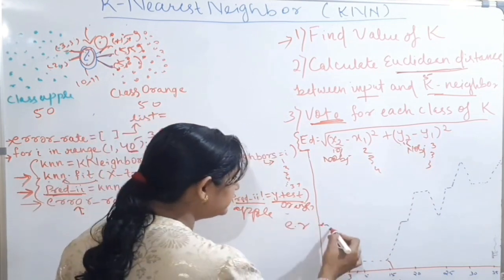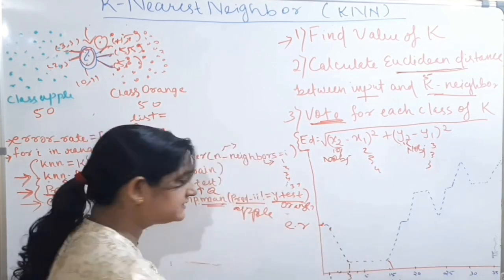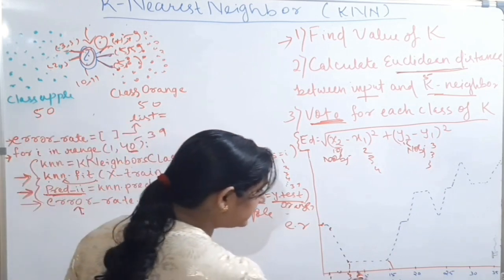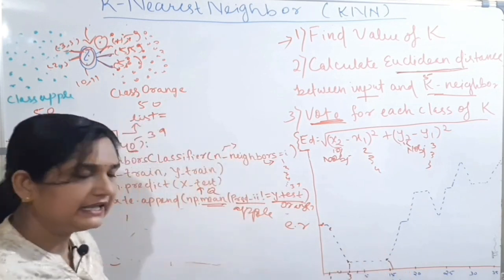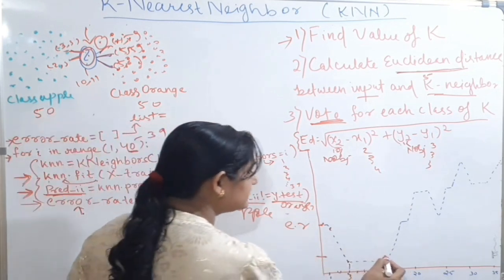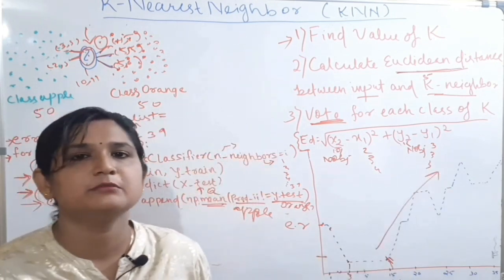When it is 2, the error rate is over here. And when the k value is 3, the error rate is over here. And when the k value is, I think, 15 or 16, the error rate is over here. I mean the error rate is minimum. After this the error rate suddenly increases and never comes down.